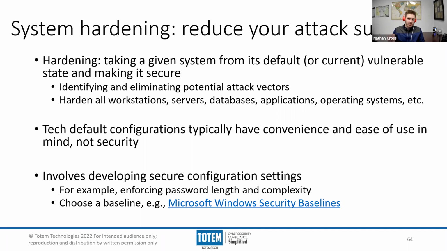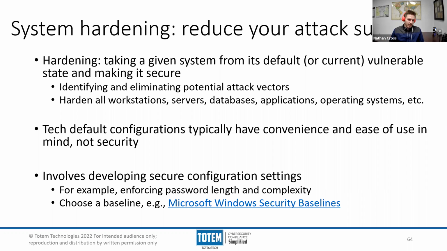You could tie system hardening into several of these other controls, like enable multi-factor authentication, which is our 9th control of the series. That would technically be a way that you could harden a system. But for the sake of this control, we're looking at it in a more broad sense.